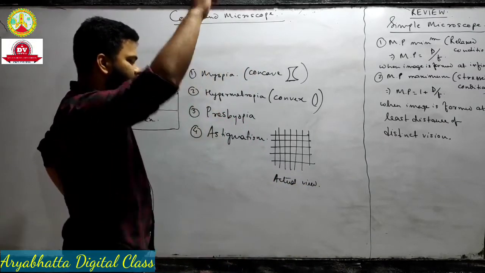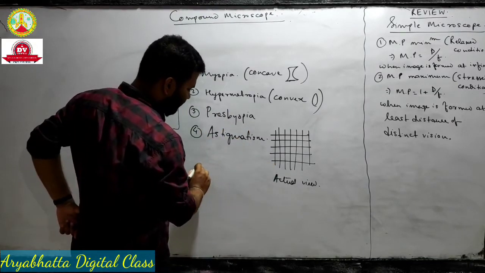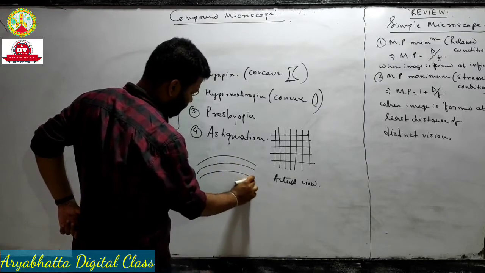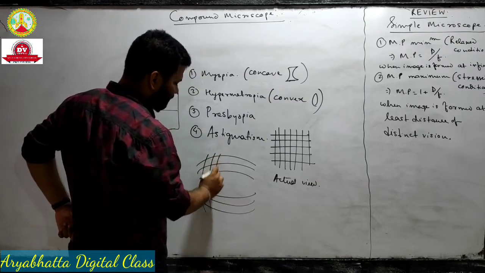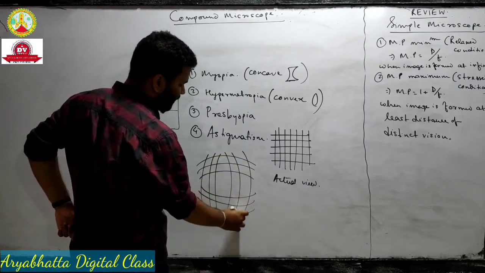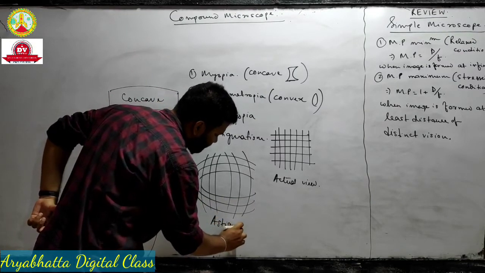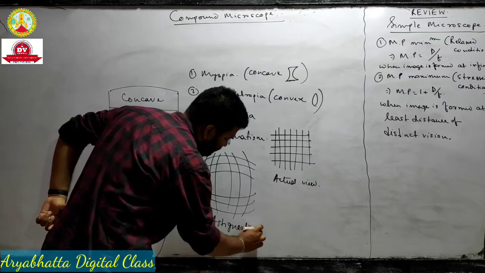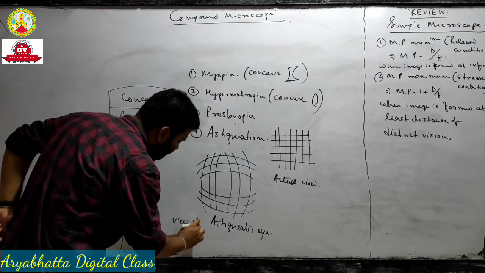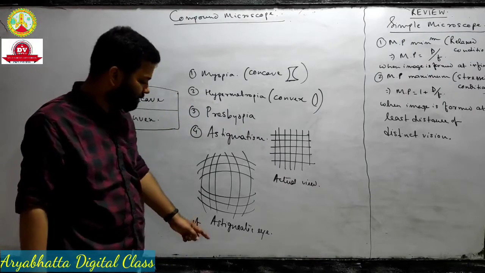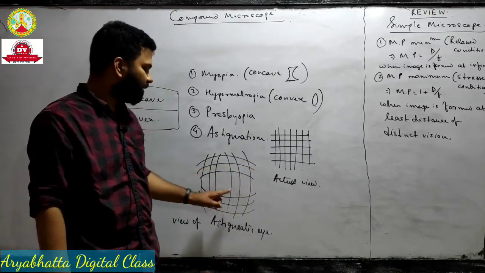But if a person is suffering from astigmatism, then he will observe this pattern like this. So this one is the view of an astigmatic eye, that is, if a person is suffering from astigmatism, then this pattern will appear like this.